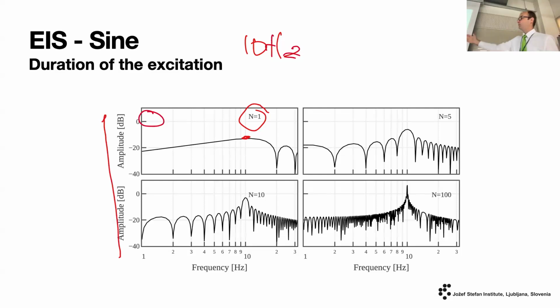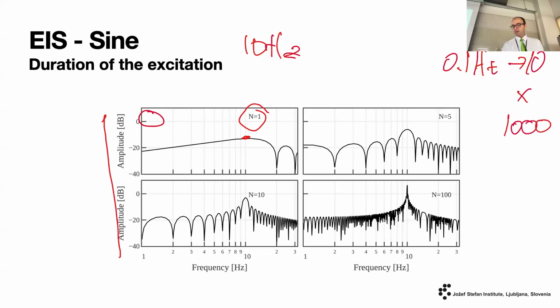So one might say, okay, fine, we're going to use 100 periods and we're done. For high frequency identification, this is okay. But if you go low frequency, for example, if you take 0.1 Hertz, this is 10 seconds long times 100, this is 1,000 seconds of measurement time only for one dot.